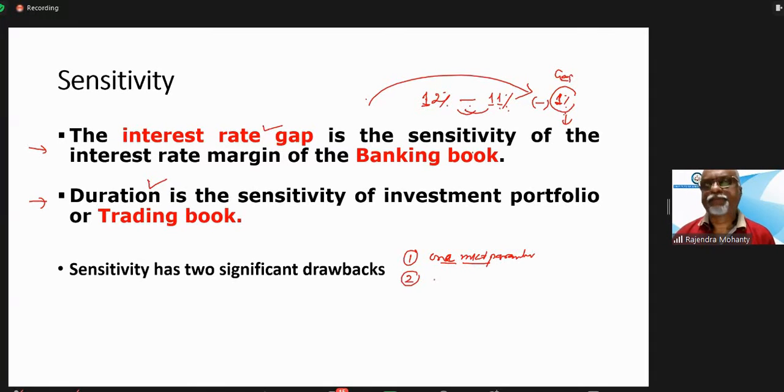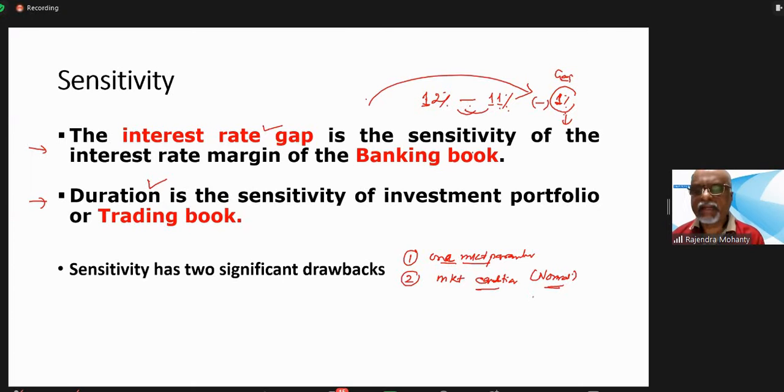The second thing is that sensitivity always depends on the prevailing market condition, totally based on market condition. When the market is behaving normally, the measurements of sensitivity are accurate.